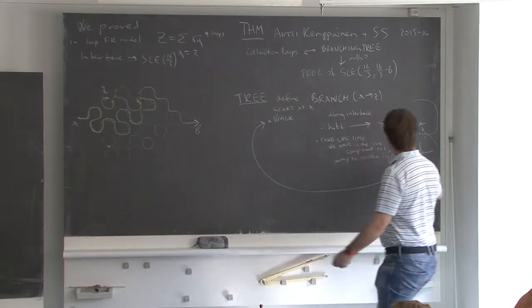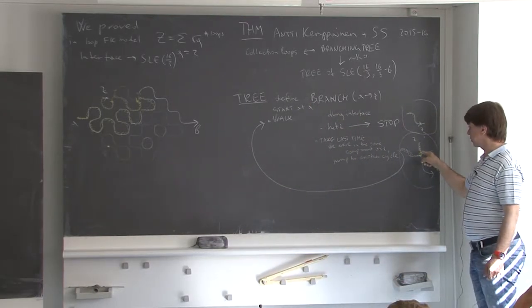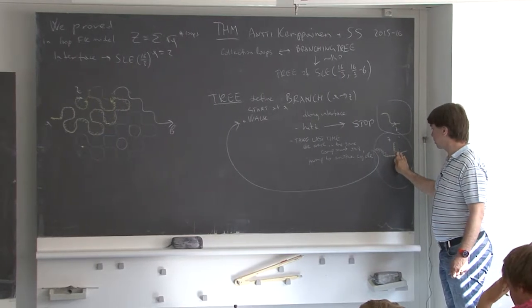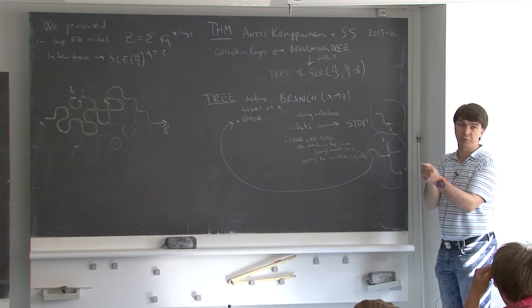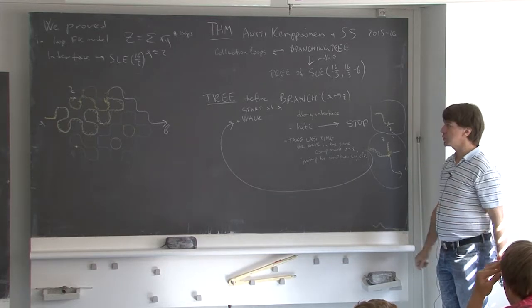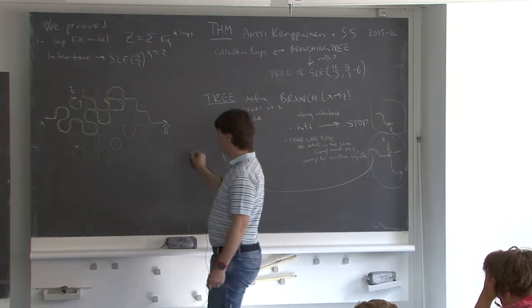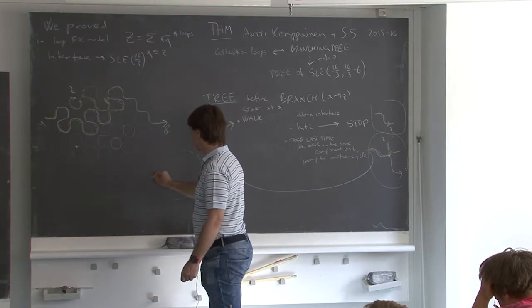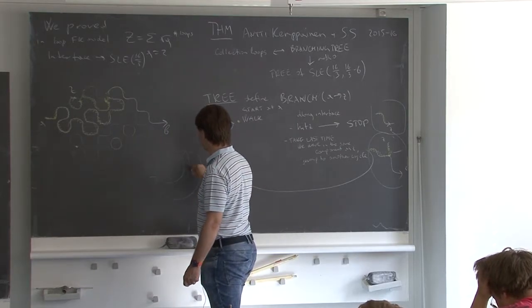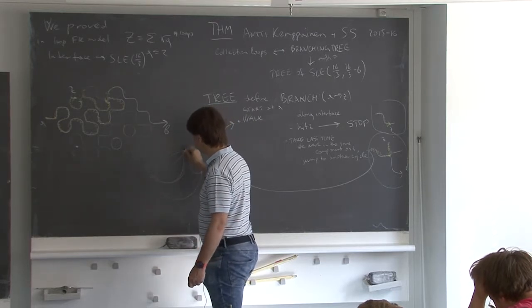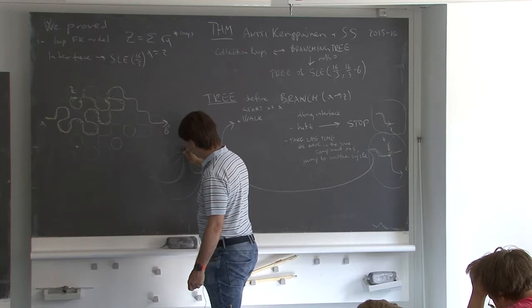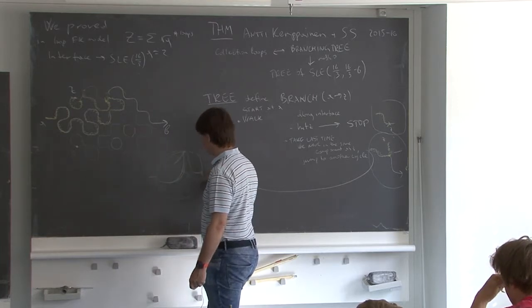So when we do this jumping procedure, we jump onto a loop, but we immediately cut this loop at one point, so it becomes an interface which starts at a point and ends at a point. So essentially what we do graphically is that we walk along this thing. When we reach here in this picture, there is another loop attached. So we cut this loop at this point, and we now have this new domain.